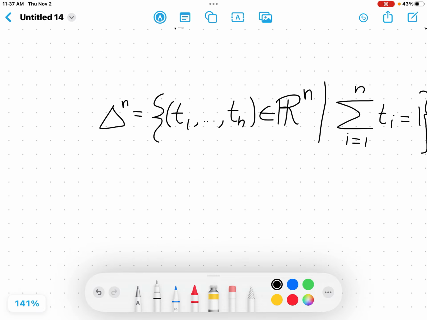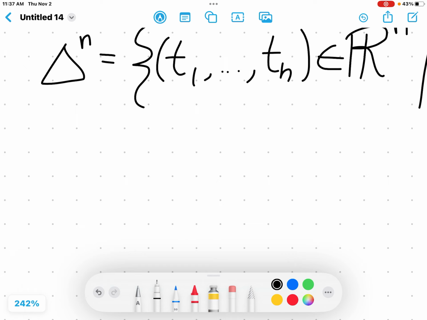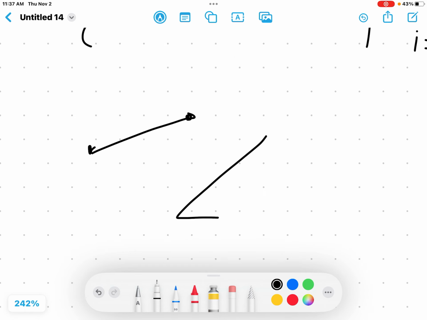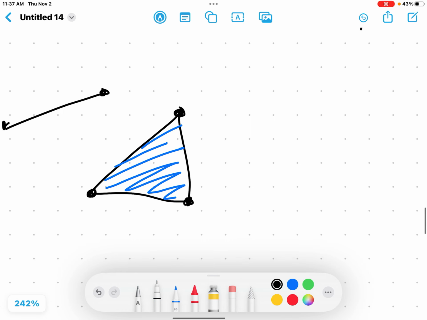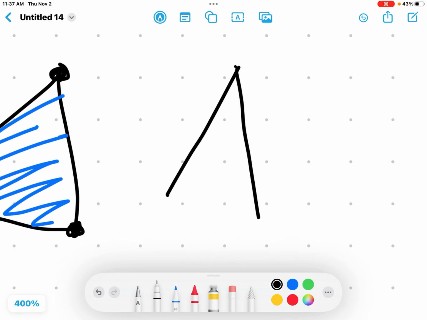So, of course, you can envision a 1 simplex as just a simple line. A 2 simplex is a triangle with the insides filled in. And a 3 simplex is a tetrahedron.